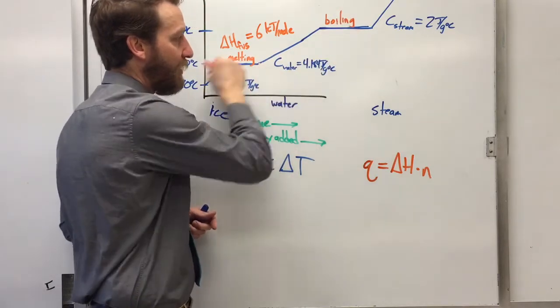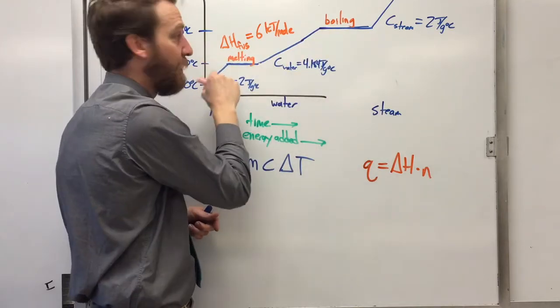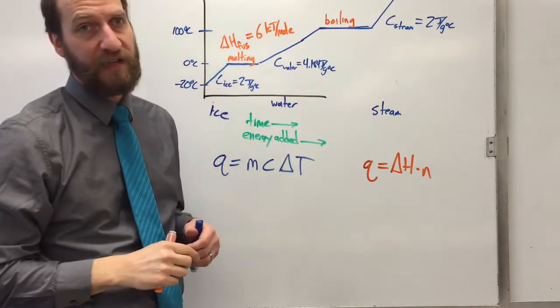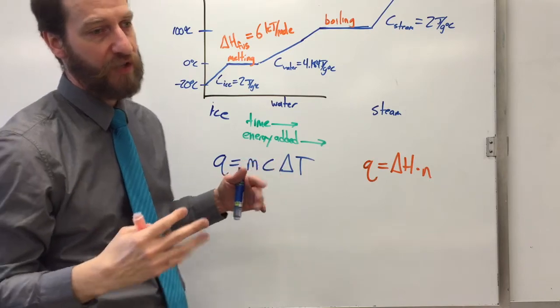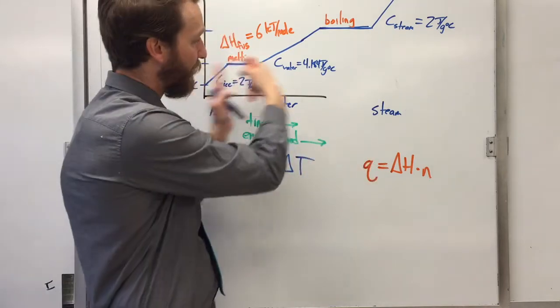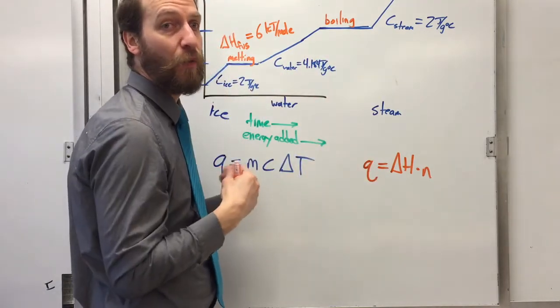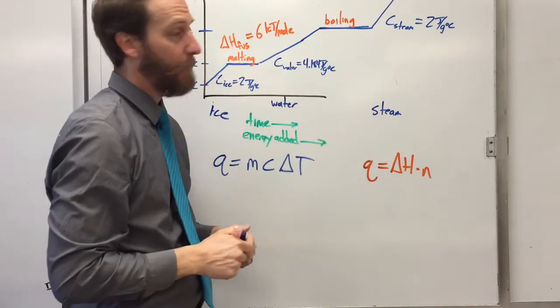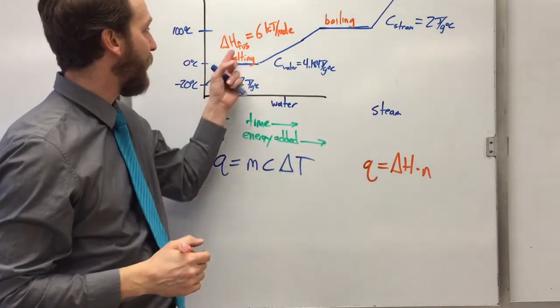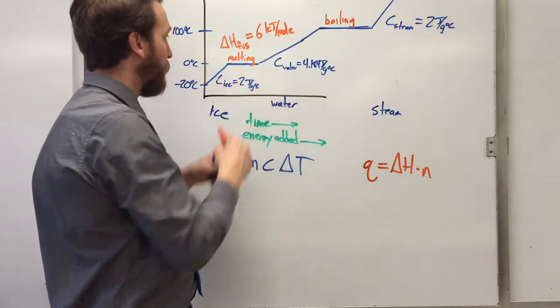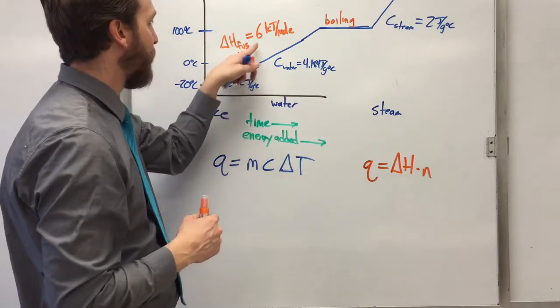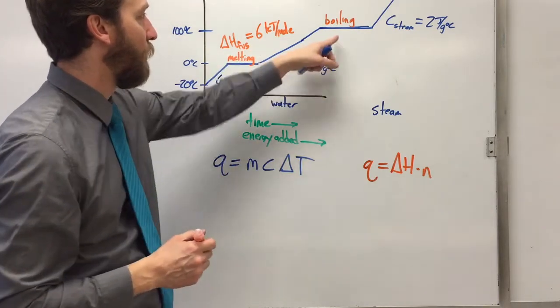So either way you're going through this heating curve, the magnitude of that delta H is going to be the same. It's just going to be a question of, are you adding energy if you're going this way, or are you taking energy away if you're going this way? Okay, so for ice or water turning into ice, the delta H is 6 kilojoules per mole.